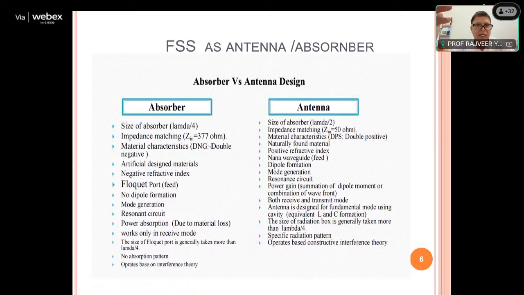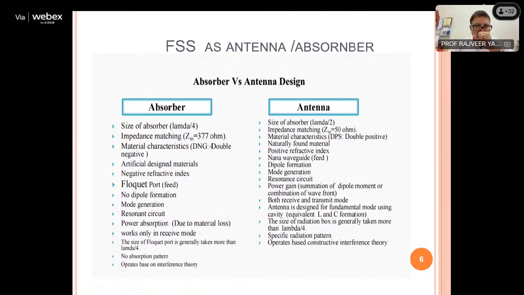These materials are not available in nature, so these are artificially developed materials, also known as artificially designed materials. They have negative refractive index. We use a Floquet port. There is no dipole formation. A very important parameter is that there is no dipole formation as far as the absorber is concerned. Resonant mode generation is there. An RLC resonant circuit is there. Power is absorbed, not transmitted.